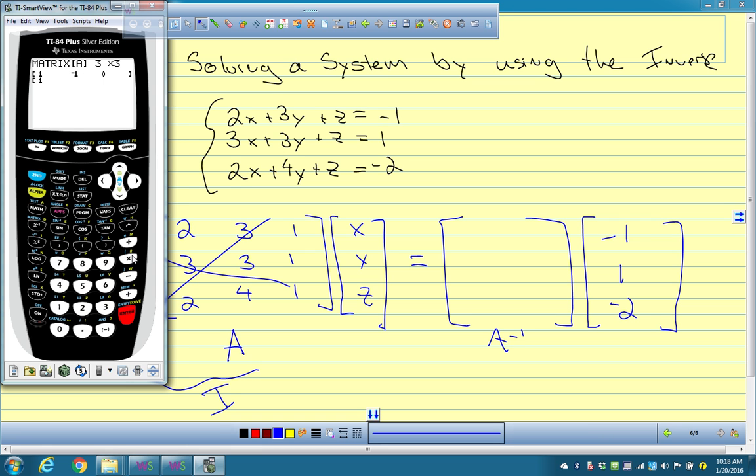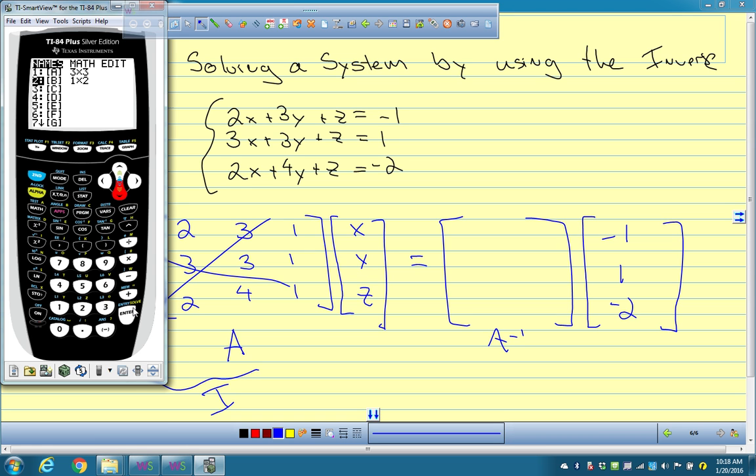And I'm going to put in the numbers. What are the numbers? 2, 3, 1, 3, 3, 1, 2, 4, 1. Sam, get off your phone, okay? So there's matrix A. Then I'm going to go second quit, and I'm going to edit matrix B, okay?